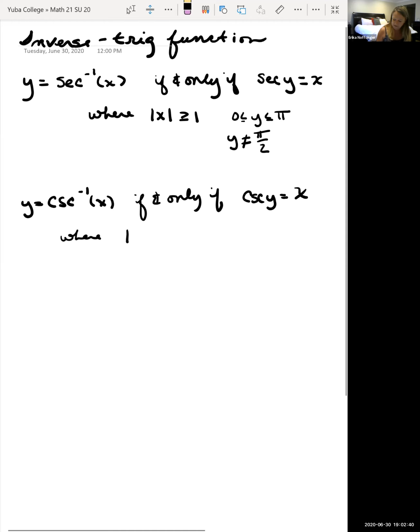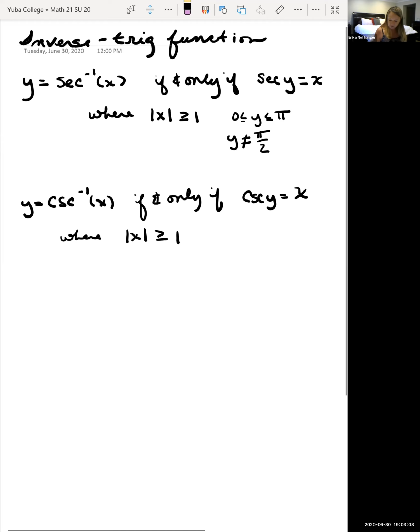So where the absolute value of x is greater than or equal to 1. And that was because when we looked at our range for secant and cosecant, those were from negative infinity to negative 1, and then it jumped, and then it was from positive 1 to infinity. So writing the absolute value around that considers both of those.